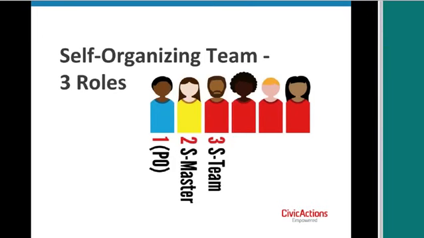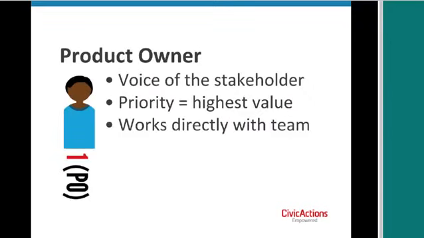It's not a self-directed team, meaning the team needs to be solving the most important problems for the organization that it's working for. And that is the role of the product owner. The product owner is the voice of the stakeholder. They are the person who prioritizes the work, knows what the organization and the stakeholders need, and basically points the team in the right direction.